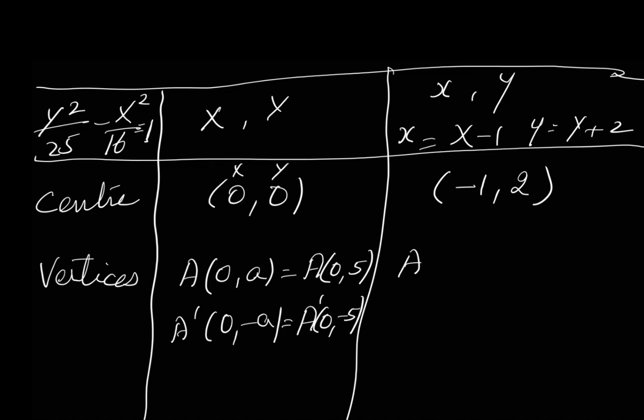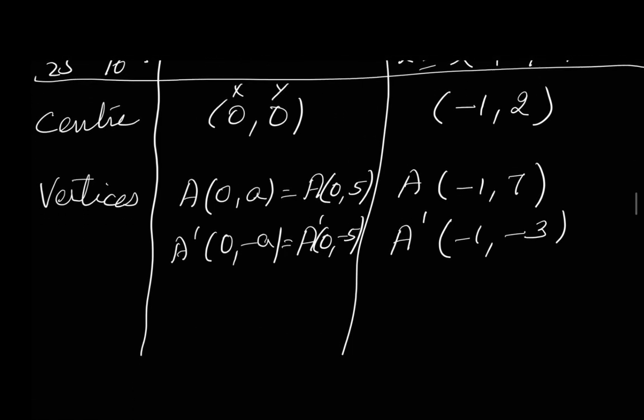Substitute capital X as 0, you will get minus 1. And capital Y is 5. 5 plus 2, 7. A dash, capital X as 0. So you will get same minus 1. Capital Y is minus 5. Minus 5 plus 2 is minus 3. Minus 1, minus 3. Two vertices.